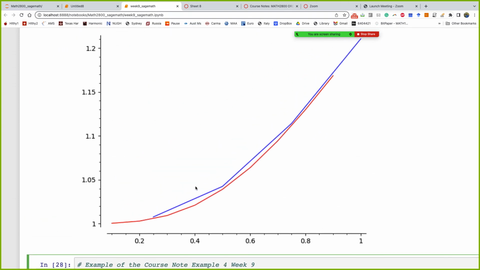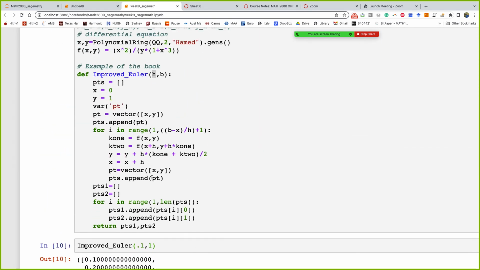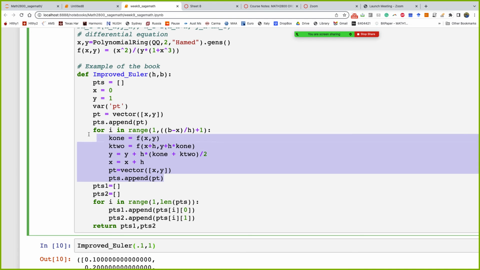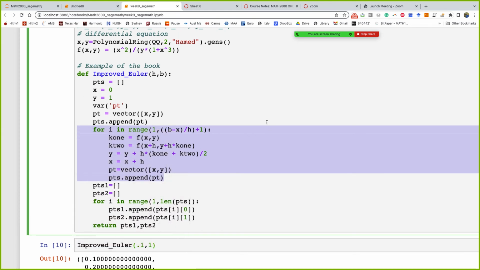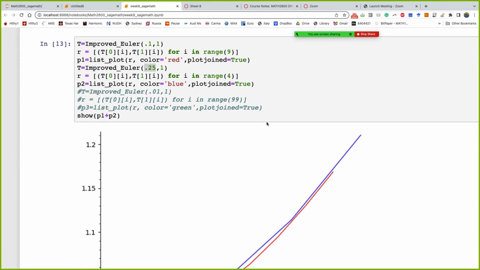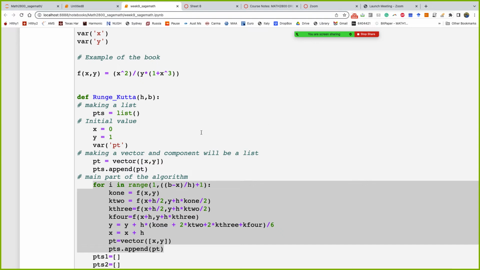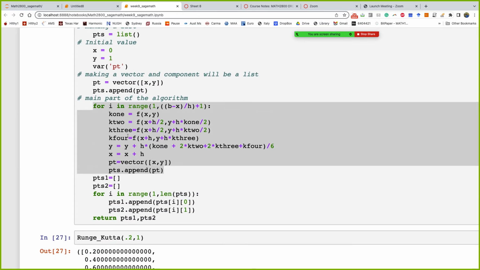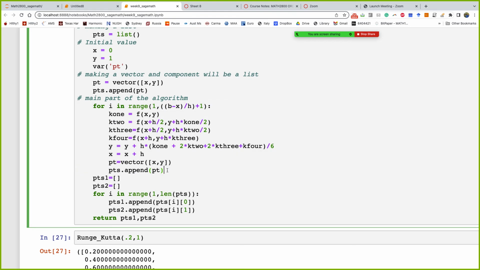In the improved Euler method we got this loop here. I'm pretty sure that you know that in Runge-Kutta you will have K1, K2, K3, K4. So the rest of the story is the same as the improved Euler method.